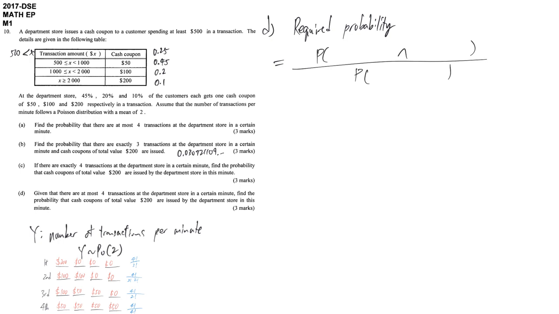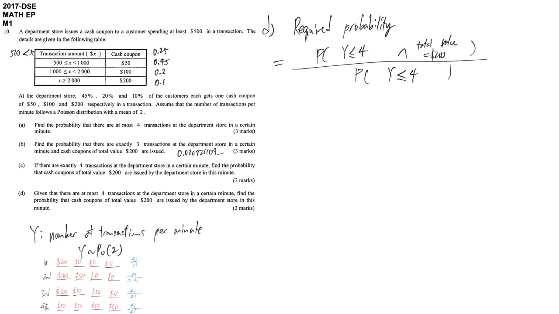Now the given case is at most 4 transactions, Y is smaller or equal to 4. This part should be exactly the same as your answer in part A, so by applying the answer in part A you will get 1 method mark. The case here means Y is smaller or equal to 4, and at the same time total value equal to 200.